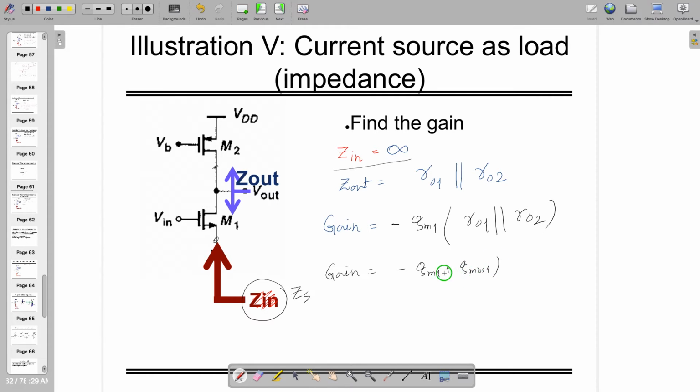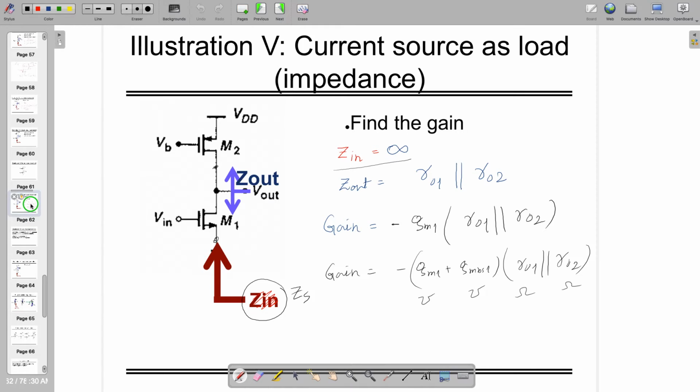GMBS1 times RO1 in shunt with RO2. Always check these dimensions, right? Sometimes people make mistakes. Dimension wise, it's a unitless quantity. This one is transconductance, this one is transconductance, this one is ohm. It's going to give you a unitless quantity.